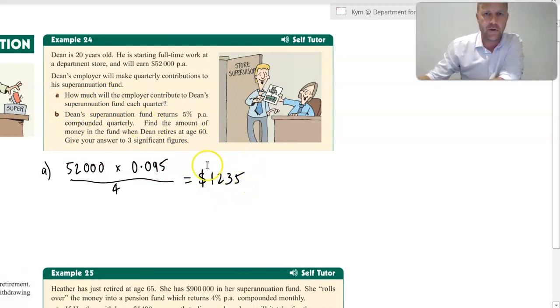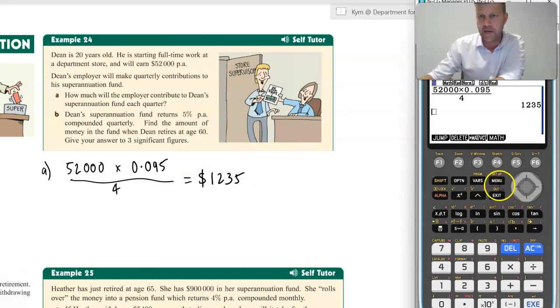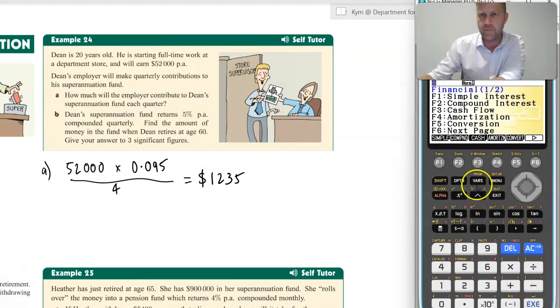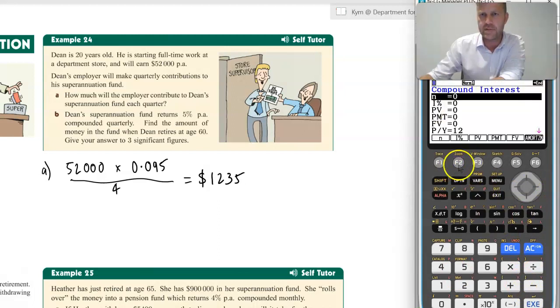First of all, this is going to be how much is paid per quarter. But before we even put that value in, if you're using that graphics calculator, we need to put in some values for all of these variables within that compound interest section. Of course, first of all, being the number of periods. So how many years, first of all?